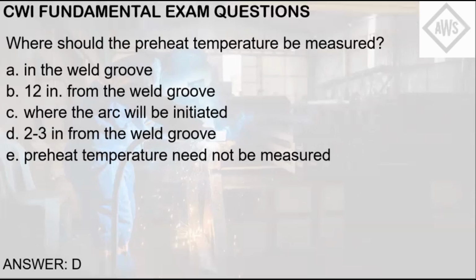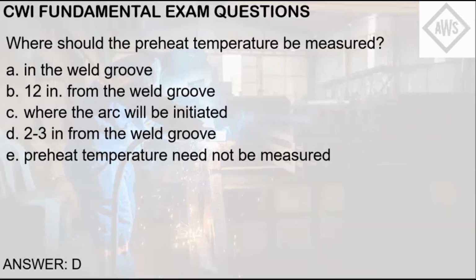When no preheat is used, the HAZ is relatively narrow and will exhibit the highest hardness. So as a welding inspector, you need to inspect the preheat temperature at the HAZ, or heat affected zone, because this is where the highest brittleness will happen.